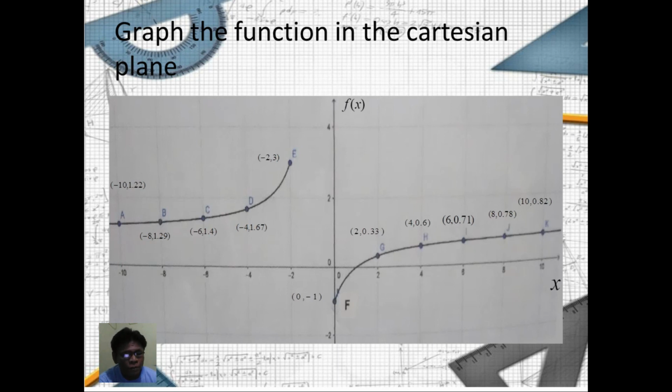As we observe, our graph is a curve, a smooth curve. As I said, the graph of a rational function is a curve.